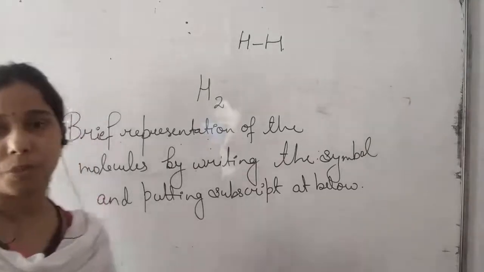Now to understand how we can find the formula of a compound, we should understand the term valency. Valency is that which helps us to find the formula of a compound.